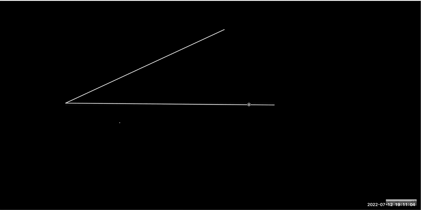Now the same wire is bent at angle theta. Earlier it was 90, now it is theta. And where am I looking for the electric field? Now I'm looking for the electric field at a distance r from the bend, at the angle bisector of theta. I want the answer here.